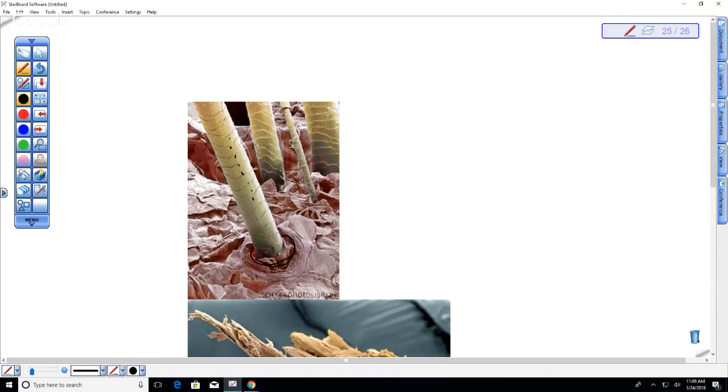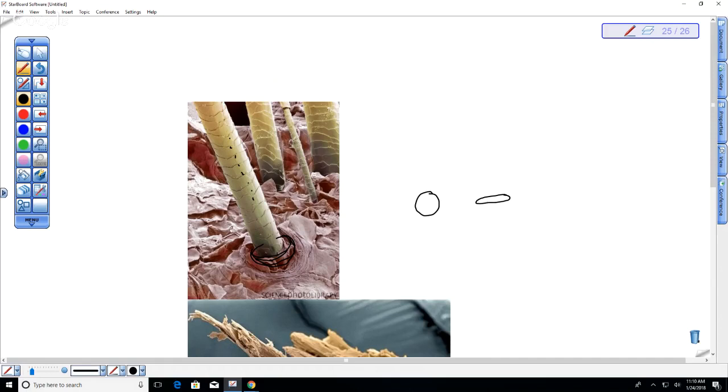Interestingly, the different types of hair have to do with the shape of the shaft. If the shaft is perfectly round, our hair is straight. If it is like this, our hair tends to be curly or kinky. So just the shape of the follicle determines whether you have straight hair or curly hair or hair that's very kinky. Okay.